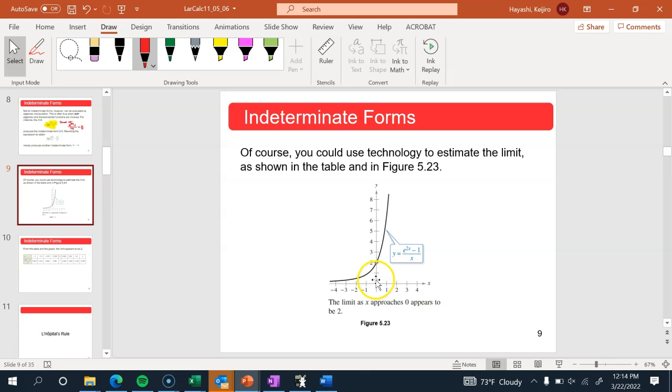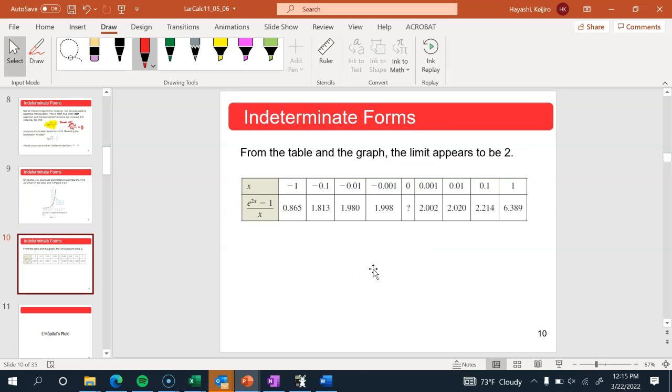So if you look at where x is 0 and you look at the value of this expression, while you can't plug in 0 exactly, you can see what's happening around it, before and after, and it pretty much appears to, from both sides, be approaching a value of 2. So the limit is probably 2. And if you do the same thing with a table, that will corroborate that.